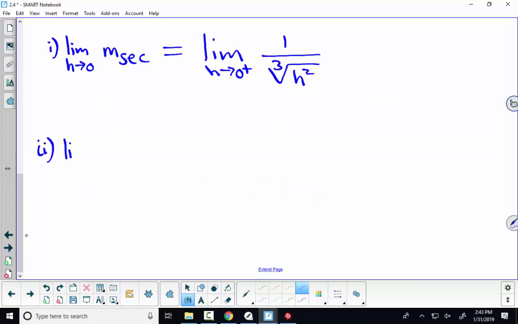The limit from the right, and the limit as h approaches 0 from the left.